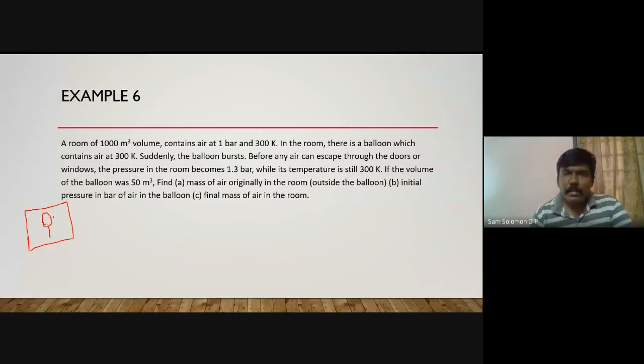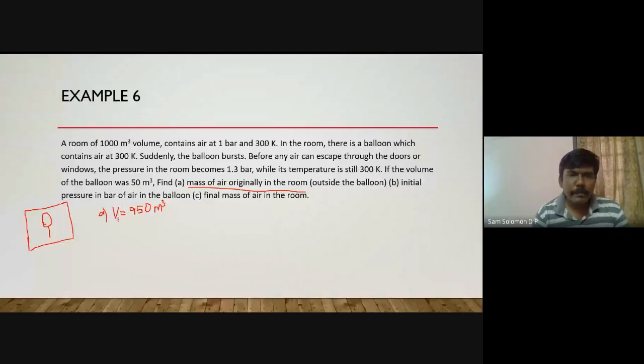We were solving for the mass of air originally in the room. So we subtracted the volume of the balloon from the volume of the room, and we found that it was 950 meter cube. So the volume was 950 meter cube.